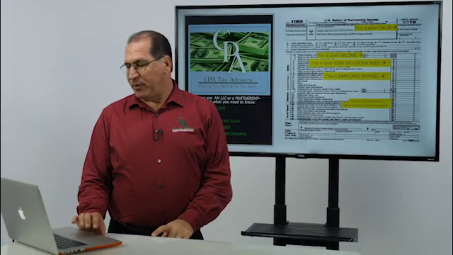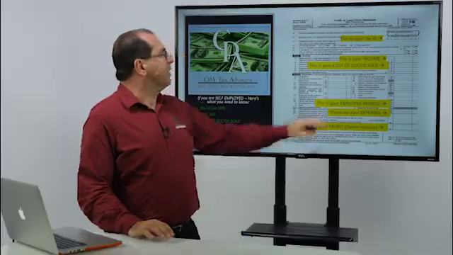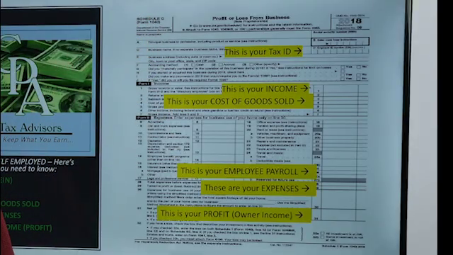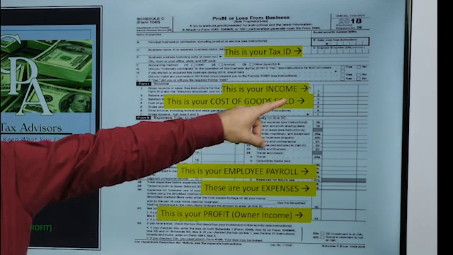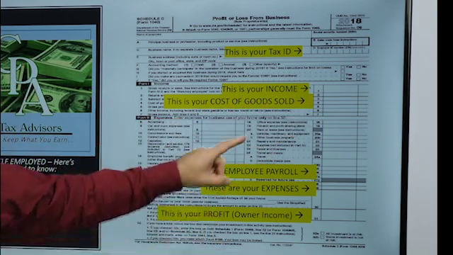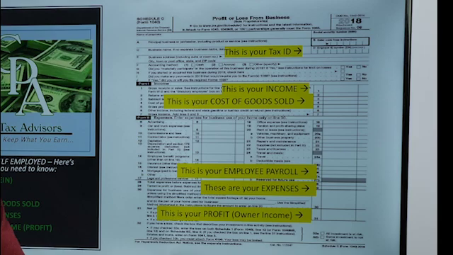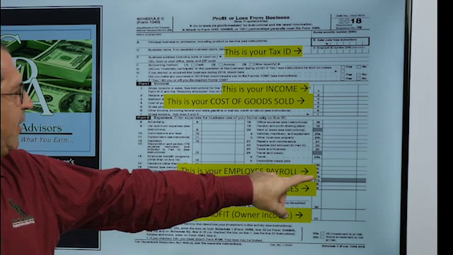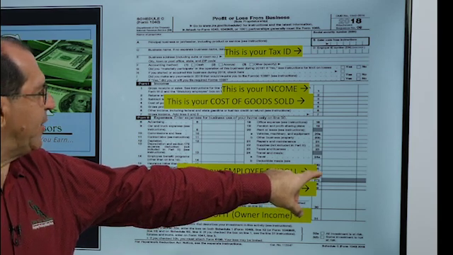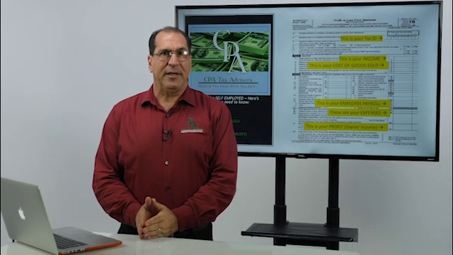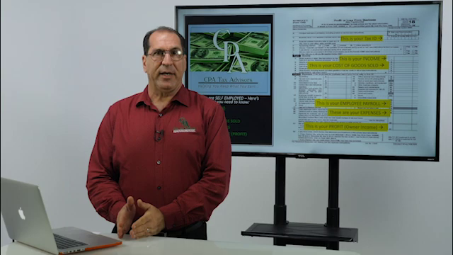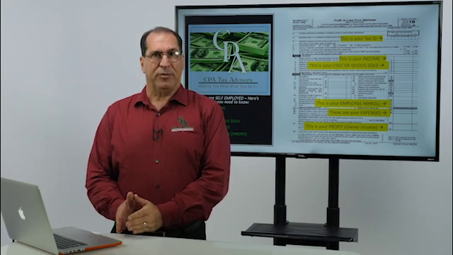Finally, if you're self-employed or you're an independent contractor, you would again file a Schedule C. You would have a tax ID number right up here. Your income would be on line 1. Your cost of goods sold would be on line 4. Your employee payroll would be again down here on line 26. Keeping in mind again, if you're an independent contractor or self-employed, you do not have payroll for yourself.